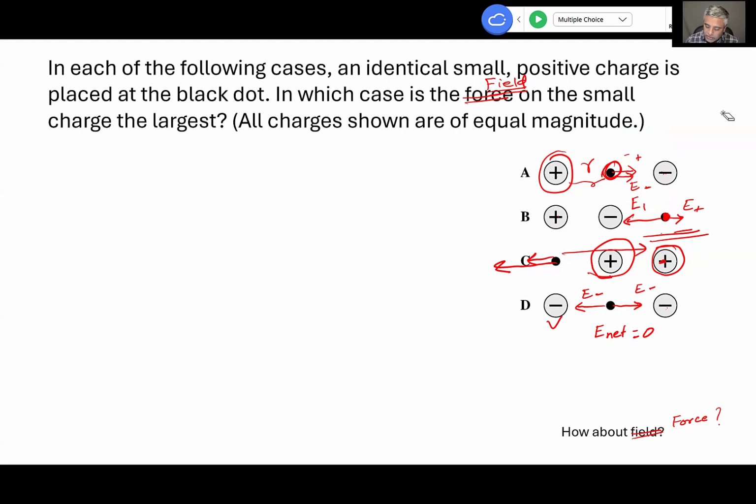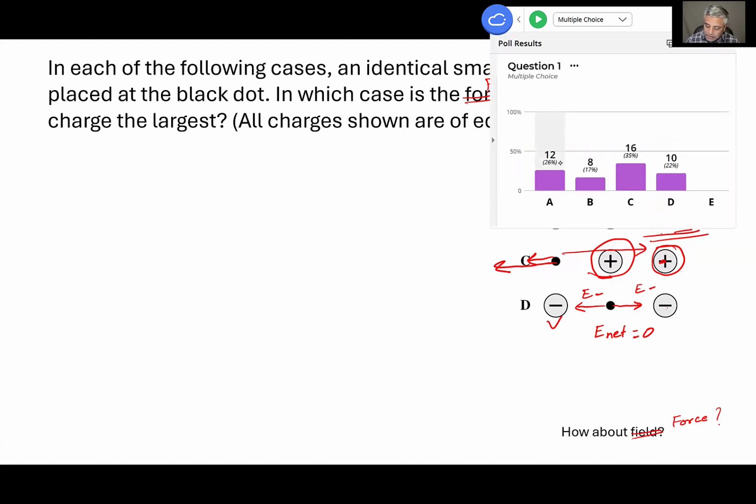But in this case, the distances are the same, so they are equal forces, and smaller distance means larger force. So it looks like A is going to have the larger force or field. Field and force are proportional here, since we are talking about just a tiny charge. So A is the correct answer in this case.